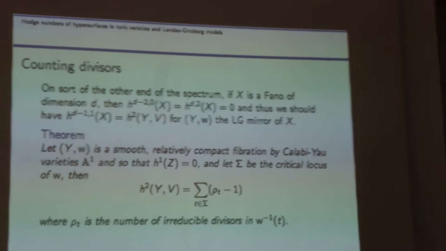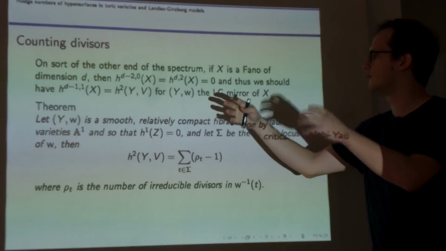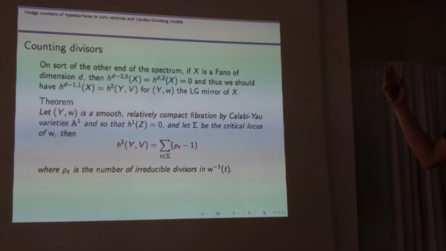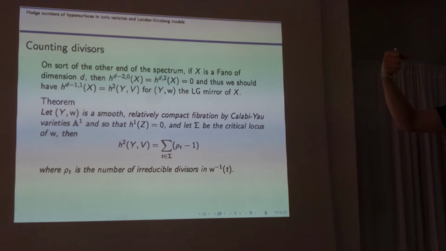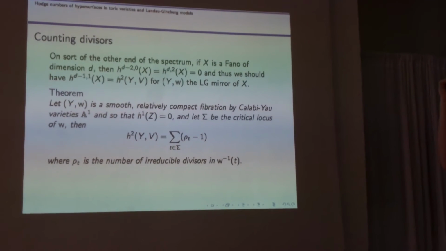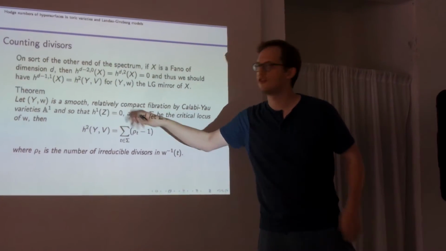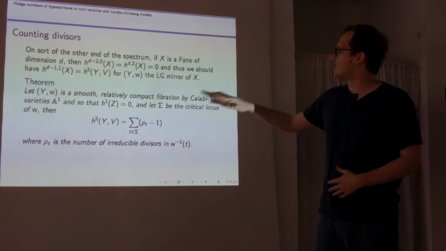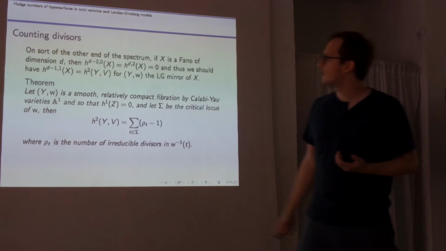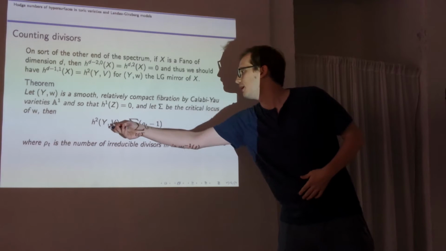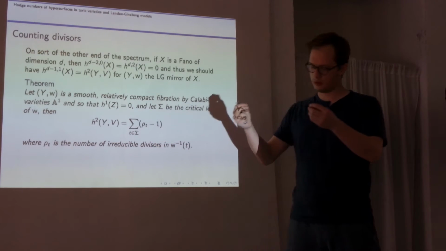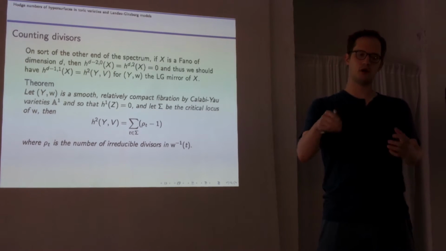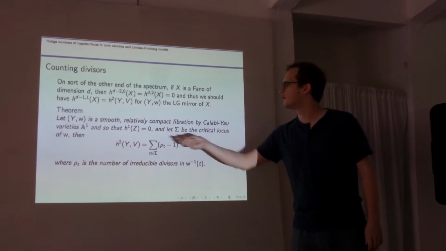And the theorem that goes along with this tells you how to compute this for what should be the Landau-Ginzburg model of Y, W. If you have a smooth, relatively compact fibration, so that the generic fiber is a Calabi-Yau variety, a fibration over A^1, and you assume there is a compactification like the one we asked for a couple slides back, so that this H^1 is 0, and letting sigma be the critical locus of the map W, you can compute this Betti number by taking the sum over all singular fibers of the map W: for each singular fiber, you take the number of irreducible divisors in that fiber and subtract one. The sum of all of this gives you the Hodge number.